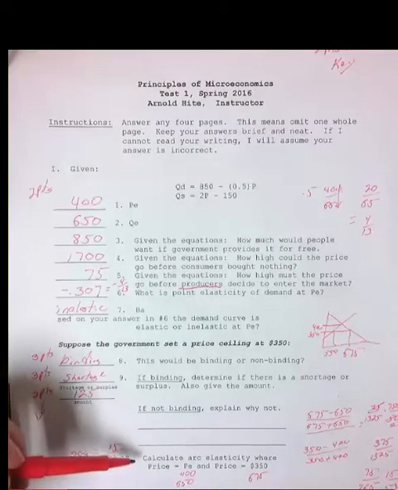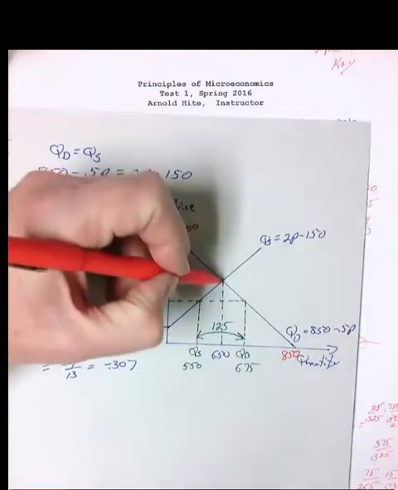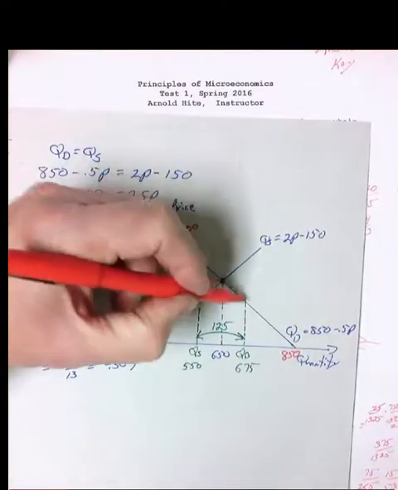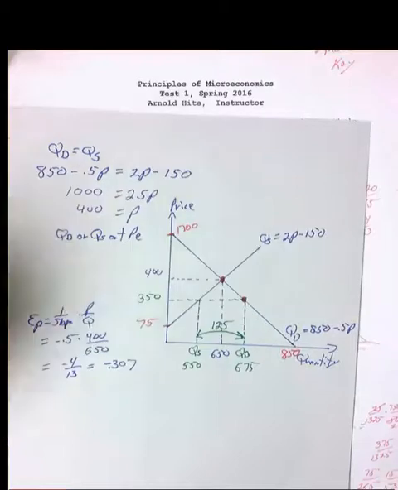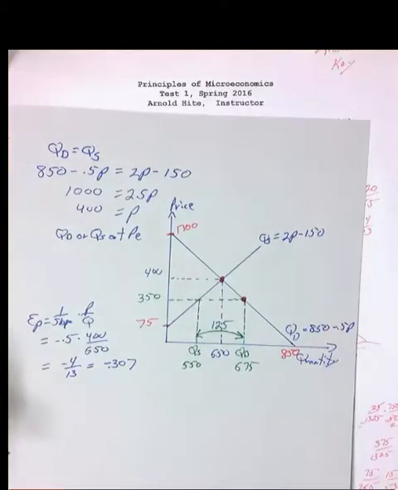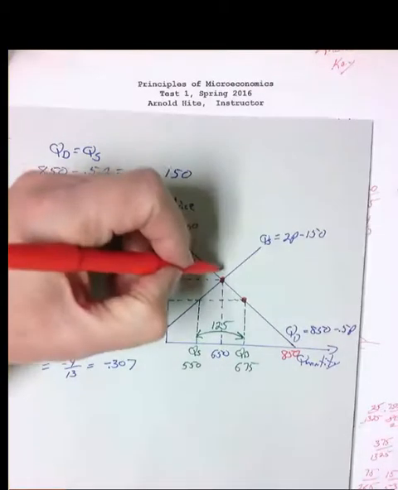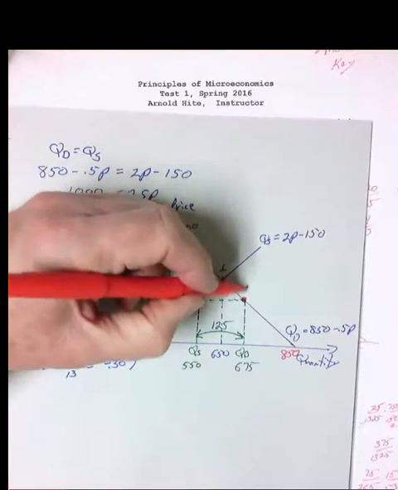Finally, it asks to calculate arc elasticity between PE and the price of 350. So they're asking you to calculate arc elasticity from this price right here over to this price right there, and you just use the arc formula. You arbitrarily assign one of these to be 0.1 and the other to be 0.2.